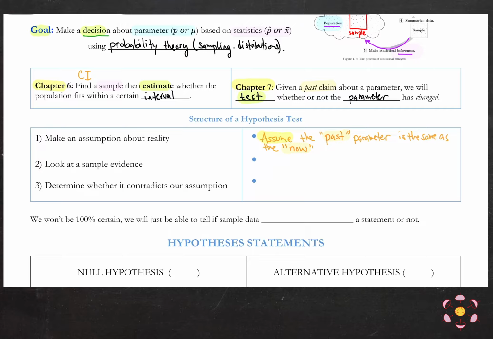Okay, so the next step is look at sample evidence. Okay, so we basically then collect sample evidence, and then we basically calculate statistics.